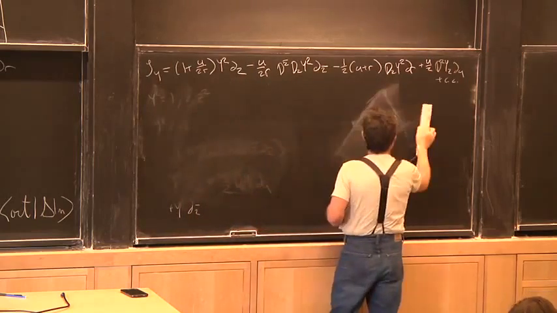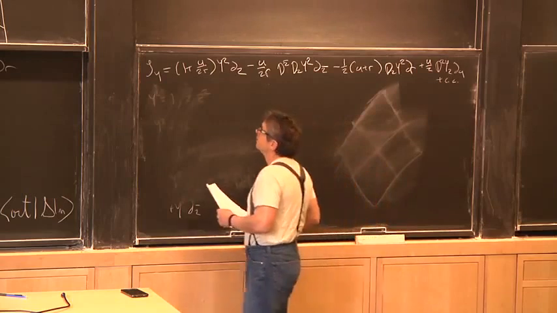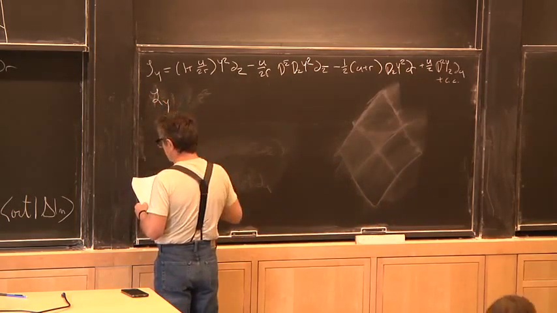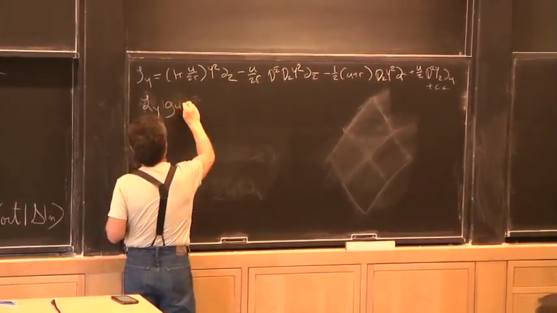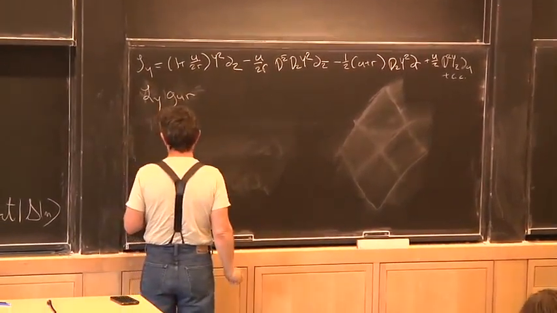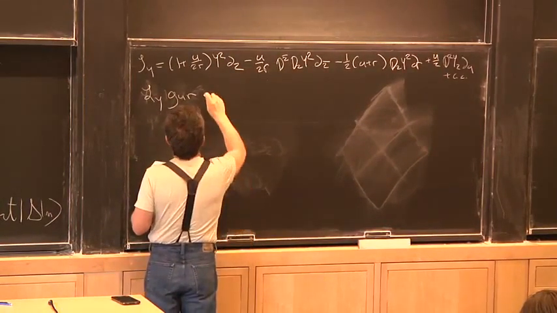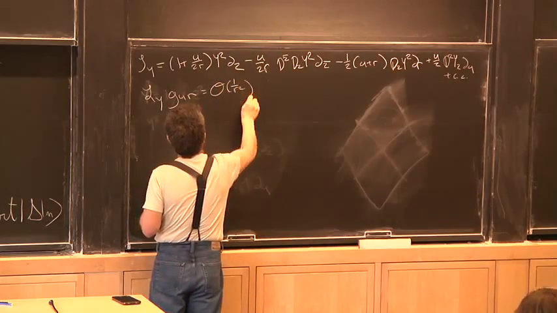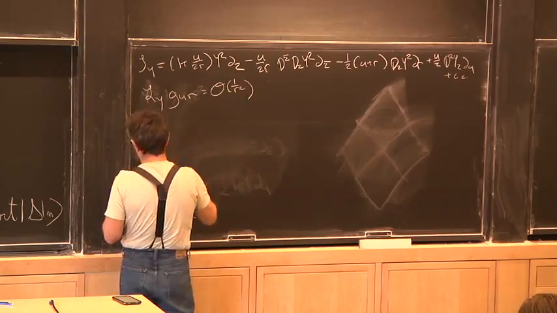I want to compute the formula for the Lie derivative with respect to zeta y, which I'll denote Lie y, of the components of the metric. So it turns out that the Lie derivative with respect to y of g_ur is order 1 over r squared for any vector field y.